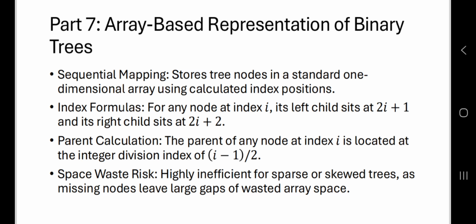The parent of any node at index i is located at the integer division of (i minus 1) divided by 2. However, watch out for the space waste risk. This methodology is highly inefficient for sparse or skewed trees because missing nodes leave large gaps or wasted array space.